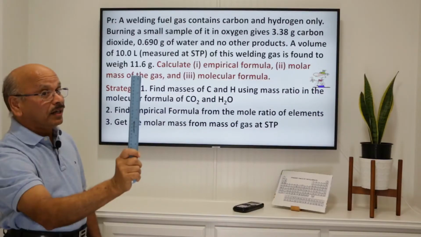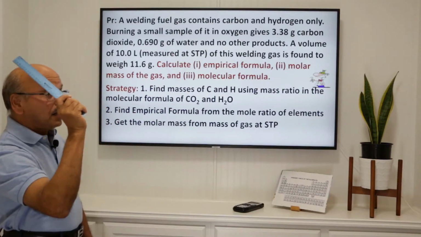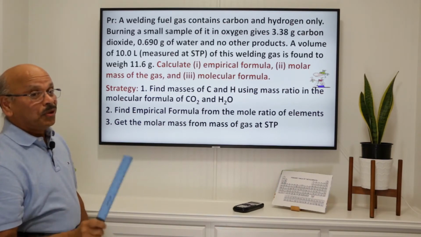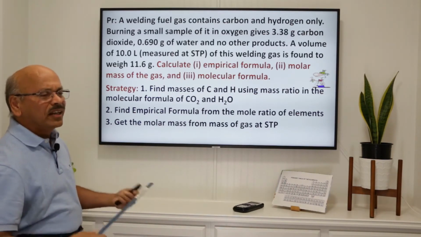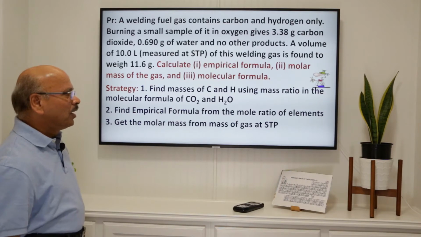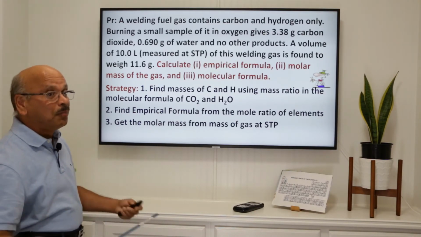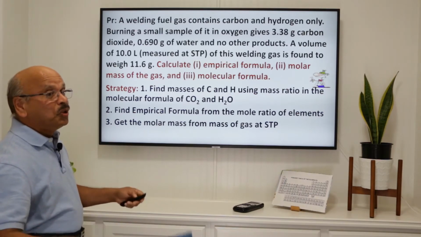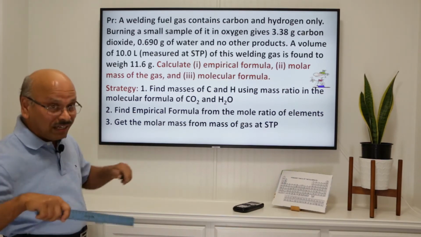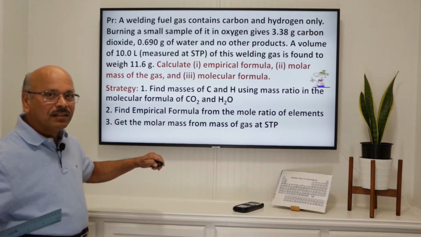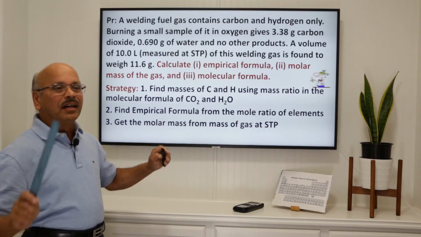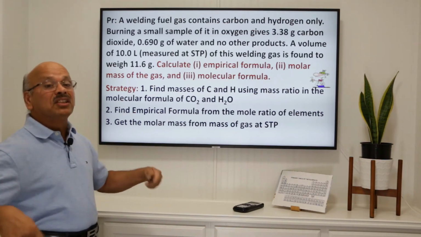Now, get the molar mass from the mass of the gas at STP. We already studied that this is an application of Avogadro's law. What is Avogadro's law? The application is that 22.4 liters of any gas at STP contains 1 mole, and the mass of 1 mole is what?